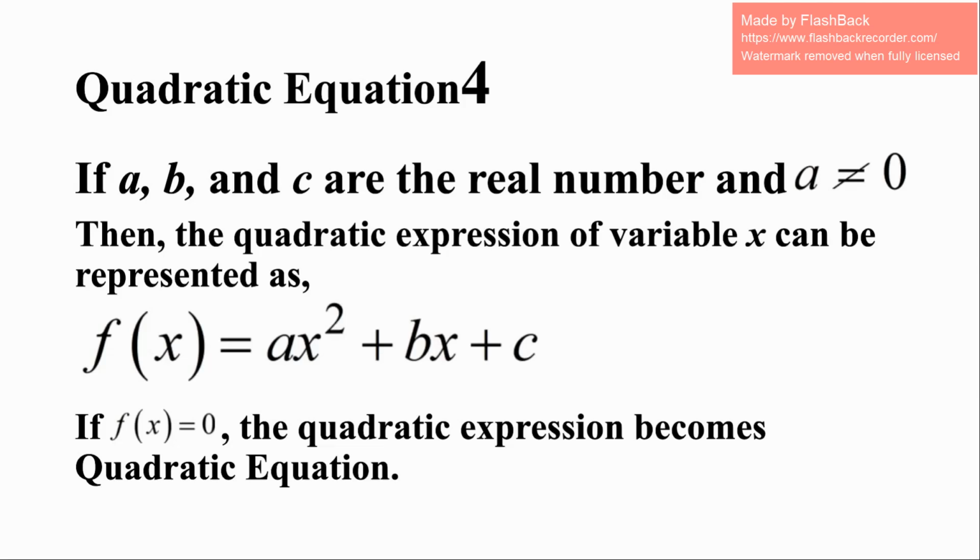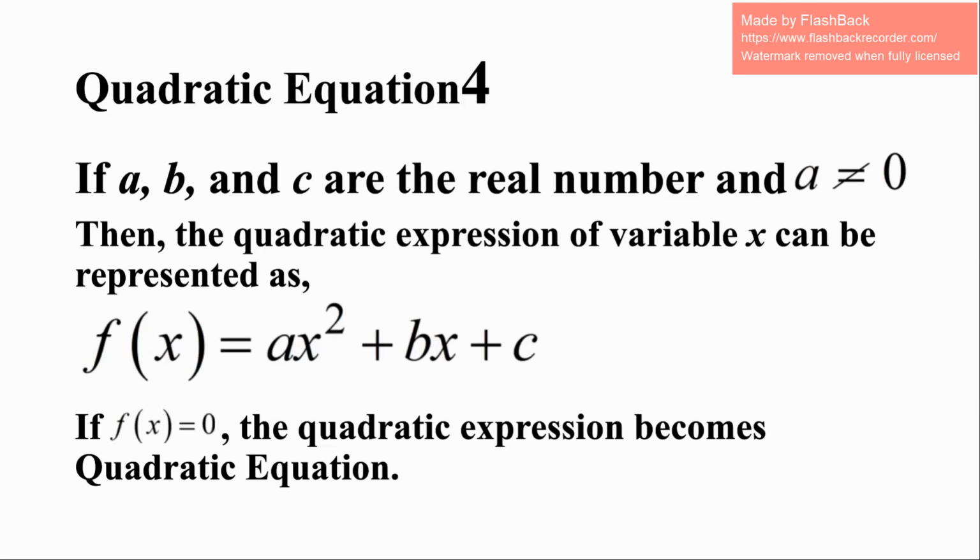For an equation, the expression must equal 0, but for the quadratic, the maximum power of the variable x should be 2, not more than 2, not less than 2. Just remember these things.